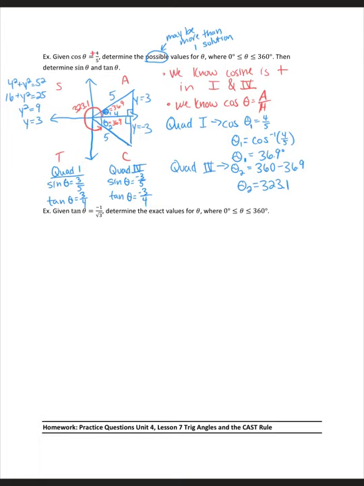All right. Let's set up the next one together, and then we'll pause the video and have you work through the problem on your own. So it says, given that tangent is equal to a -1/3, determine the exact value for theta, where theta is between 0 and 360 degrees. So remember, tangent is O/A.